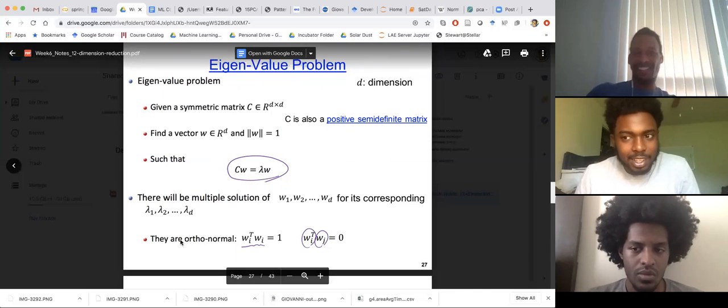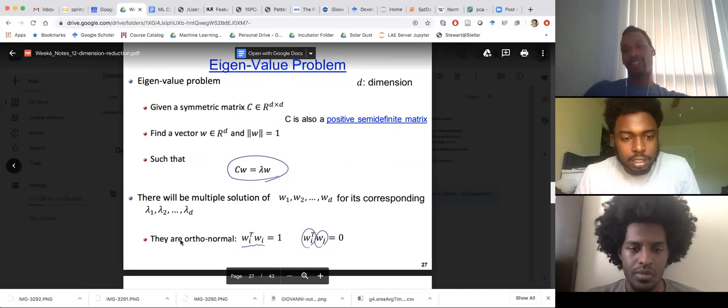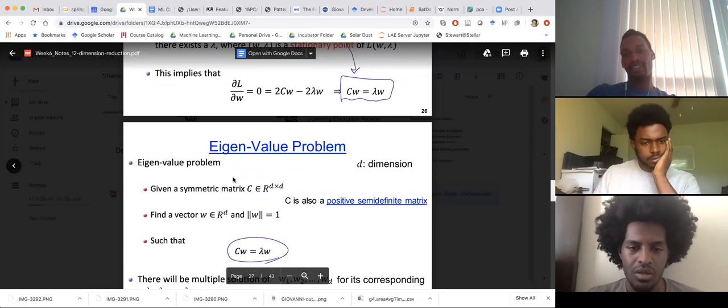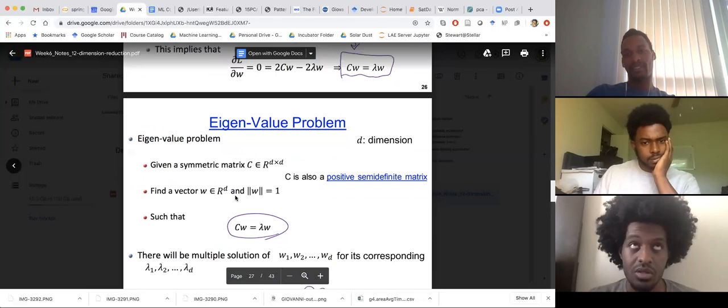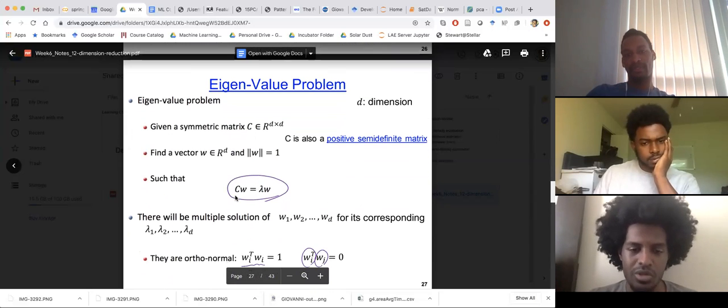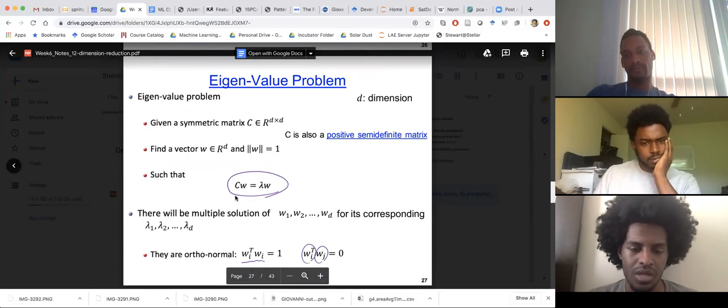This equation is just the eigenvalue problem. The derivative of the Lagrangian returns you that function, C w equals lambda w.